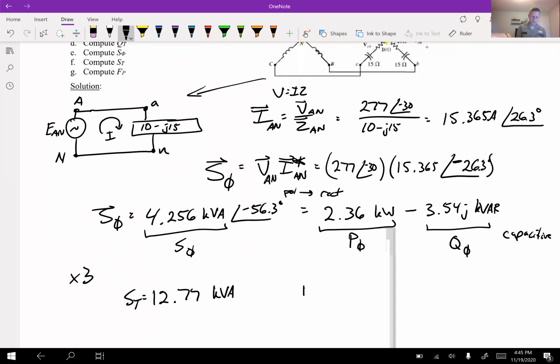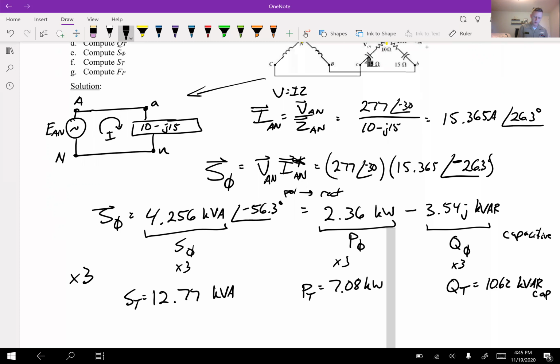Times 3, times 3, times 3 takes it from a single phase to 3-phase power. P total, 7.08 kilowatts. Q total equals 10.62 kVAR capacitive. You could also call it negative 10.62 kVAR, and the negative would tell me it's capacitive.